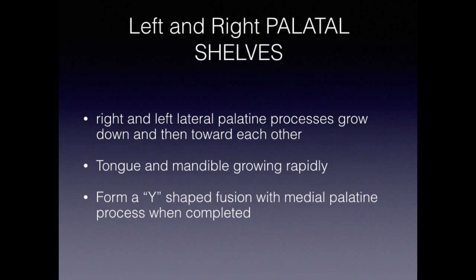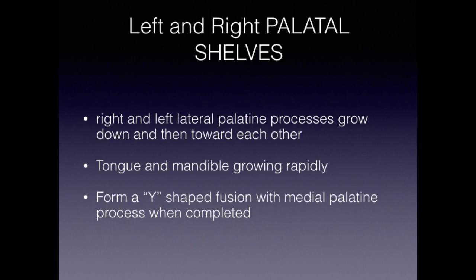The left and right palatal shelves grow from the first pharyngeal arch, and then that maxillary process grows off of that, and then a further extension grows off of the maxillary process. Initially, they actually grow downward into the floor of the stomodium, and at the same time the tongue and the mandible are growing.